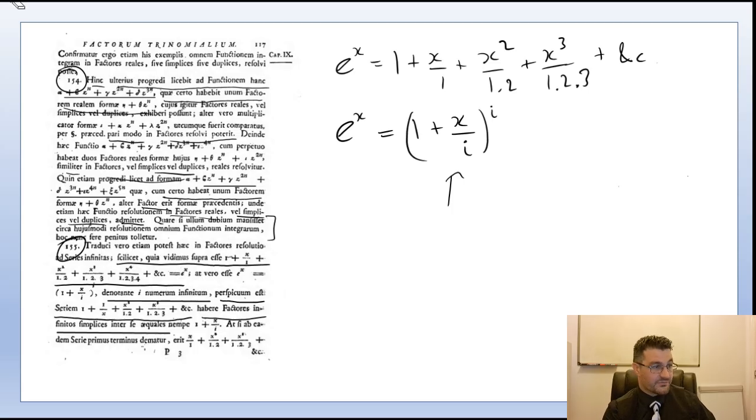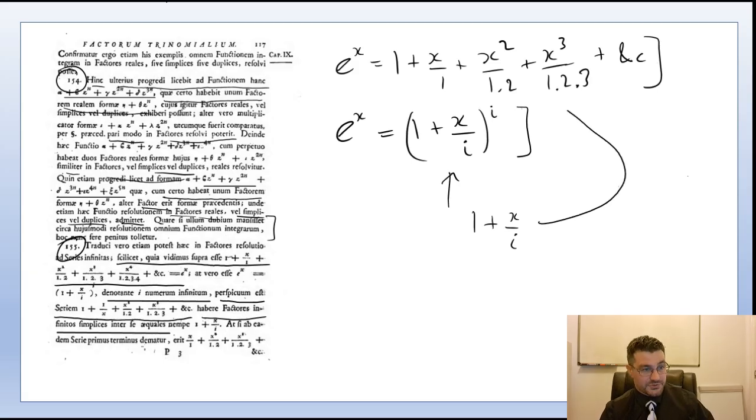Because this expansion here and this expression here are equal, then we can see that there are an infinite number of factors of the form 1 plus x over I, infinite number of simple factors, which must be, therefore, factors of 1 plus x over 1 plus x squared over 1 times 2, and so on and so forth.